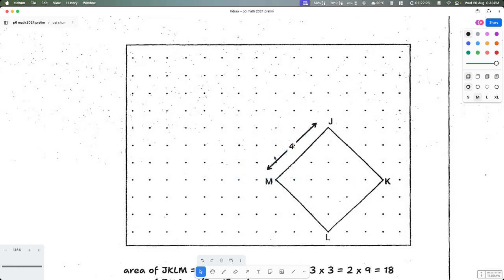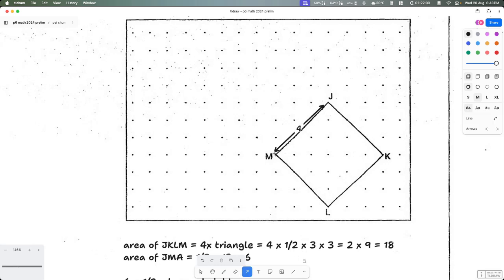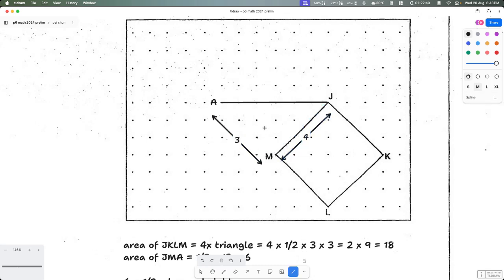Actually, we can calculate here 4. That was so much easier. Okay, we have 4, and then we just have 3 this way. So 3 here. Okay, then we can just draw the line as what we see. So JMA is A, so that means we can draw the line like this. Okay, so 3, and this is 4. Oops. And there we go.